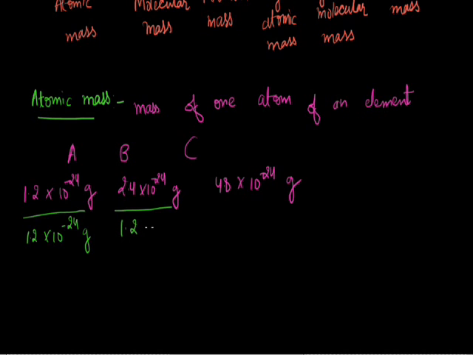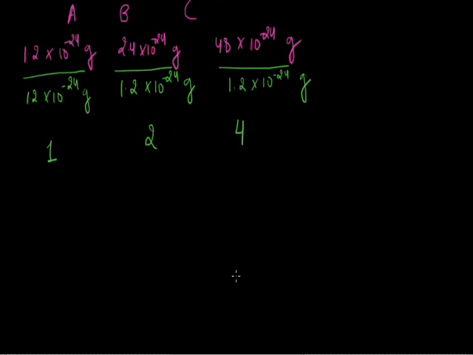This value is also divided by 1.2 into 10 raised to the minus 24 gram, and this is also divided by 1.2 into 10 raised to the minus 24 gram. Then it is converted into a simple ratio: 1, 2, and 4. Thus we can remember these values easily. So we have to choose a reference to remember these values easily.